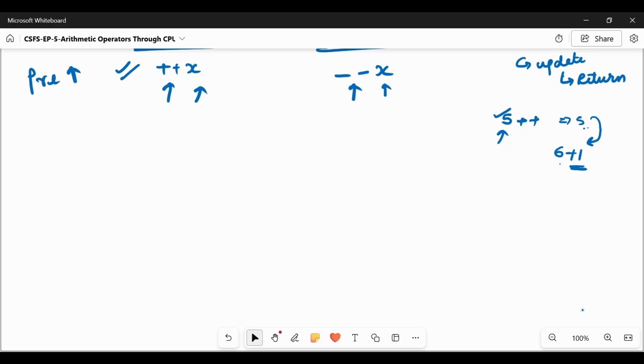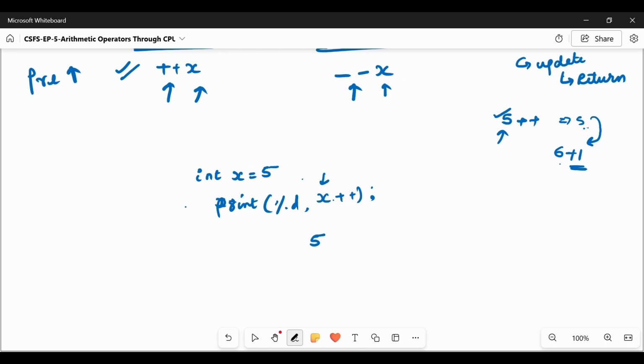For example, you have a simple code where you have declared x, which is 5. Now you have printed the statement to print x plus plus. The value you will get is 5.